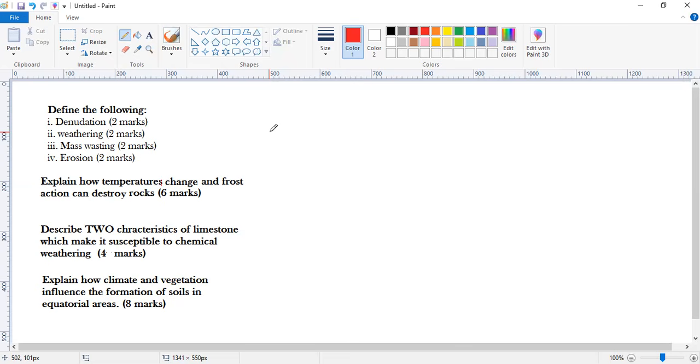When we are asked to describe, we are being asked to give certain characteristics of a particular thing. We are required to elaborate, but not necessarily to give reasons. All right.